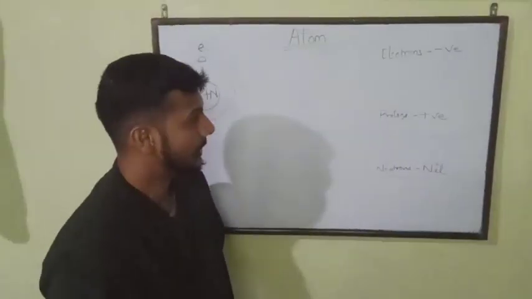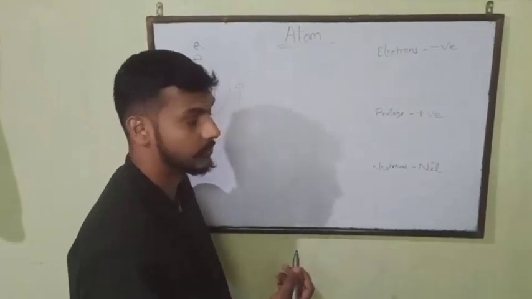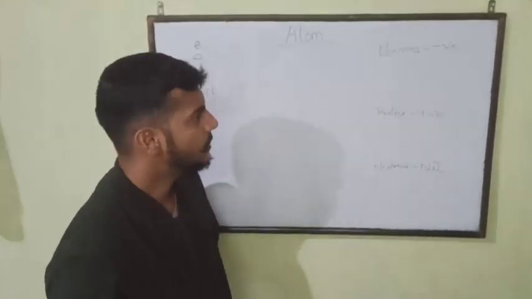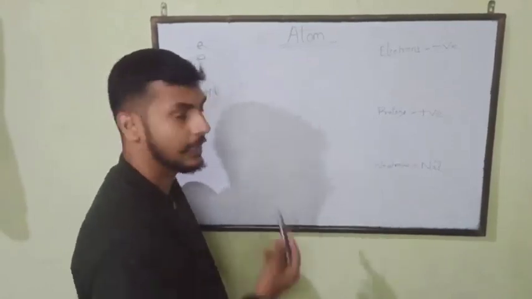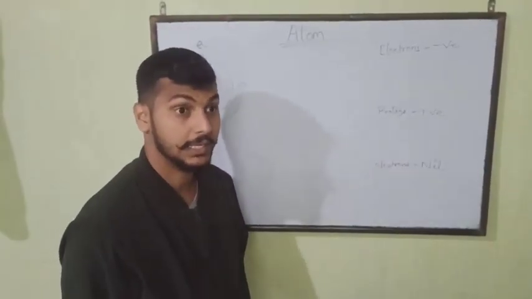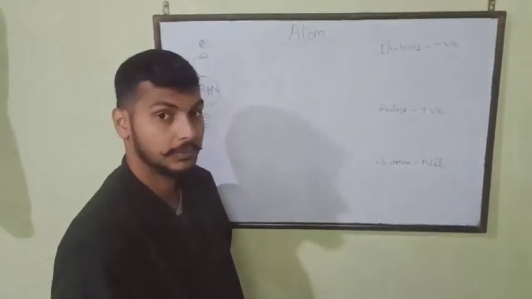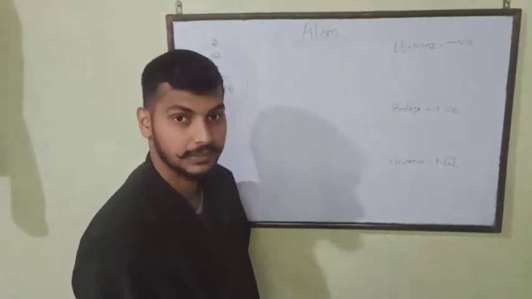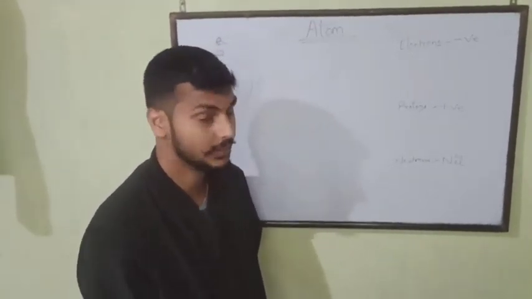So now let's move on and study some further things about electrons, protons and neutrons. How did we get to know that these particles are contained in an atom? There have been many researchers who have researched it and given us these particles. So who are those important persons?